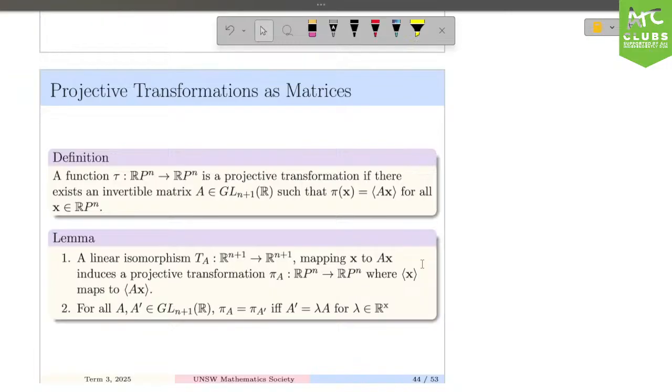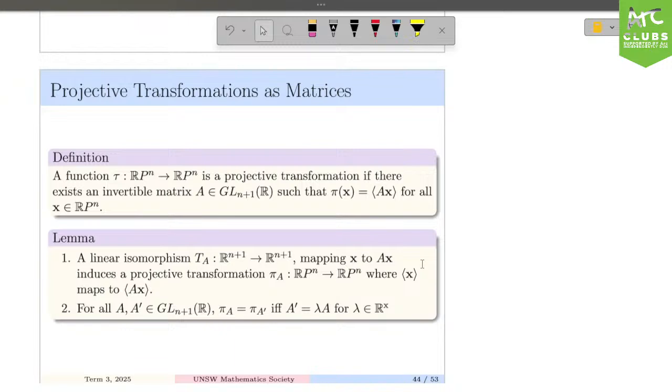So this means that if we have any linear isomorphism from an n+1 dimensional space to itself, that will give us a projective transformation just by definition. And we are claiming that this set of projective transformations is a group.